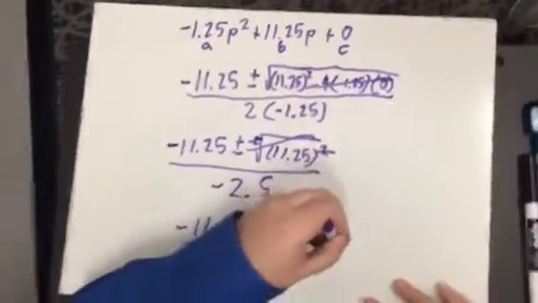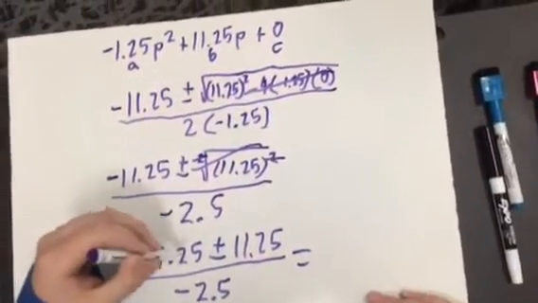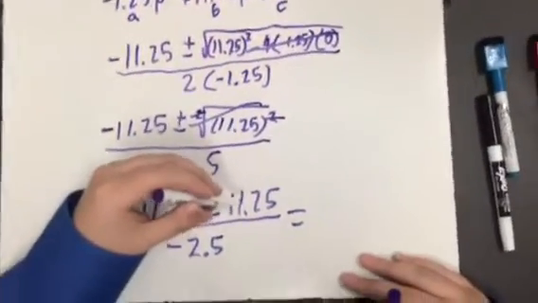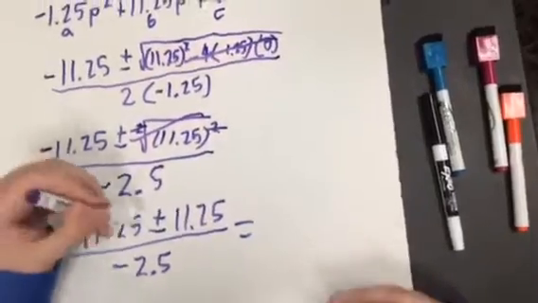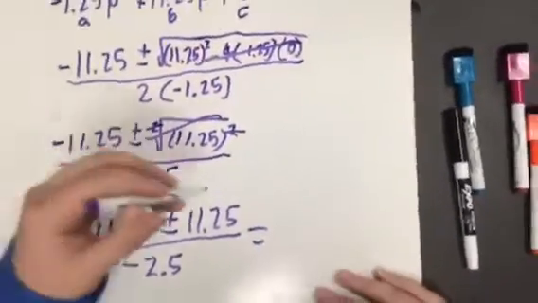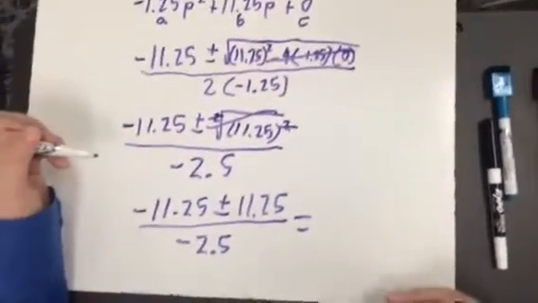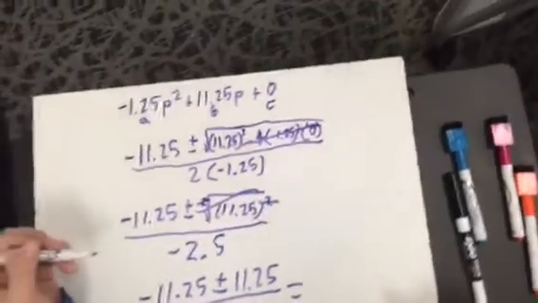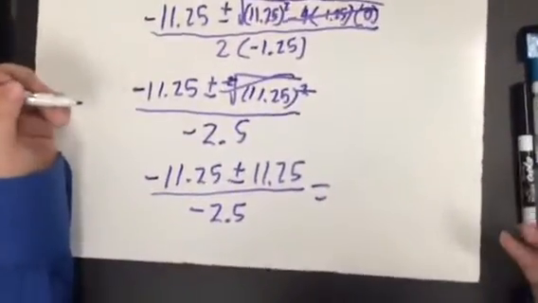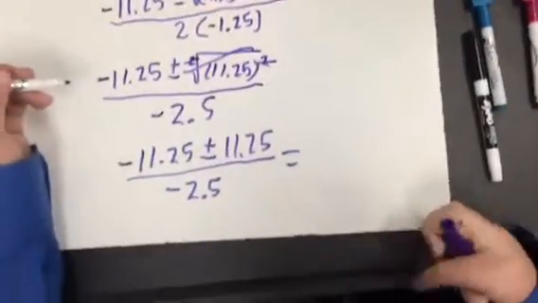So, we can simplify this answer. And obviously, if you have negative 11.25 plus 11.25, that's going to be 0 divided by negative 2.5, which will just simplify to 0. So, that's not going to be our answer because we're looking for a unit of time. And it has to be a positive number. Otherwise, it isn't filling it, and this isn't telling us anything. So 0, one of our answers will be extraneous.